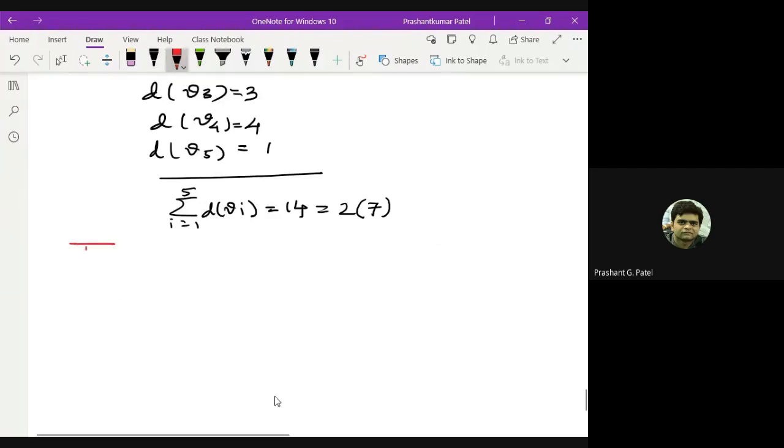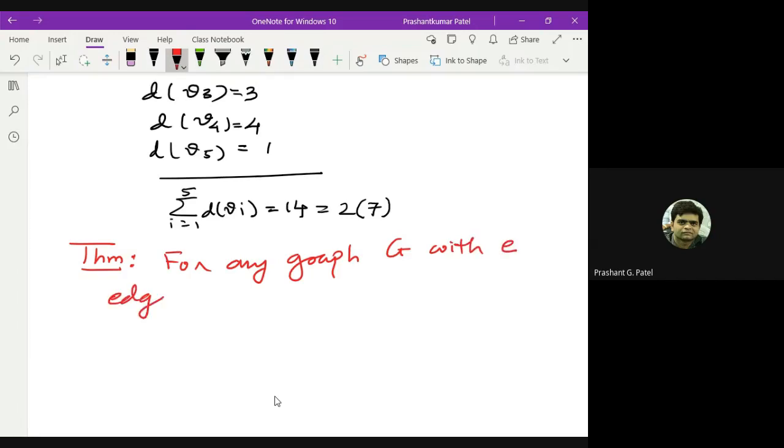The statement of the theorem we can write in this manner: for any graph G with E edges and N vertices, let's say the vertices are V1, V2 up to Vn.